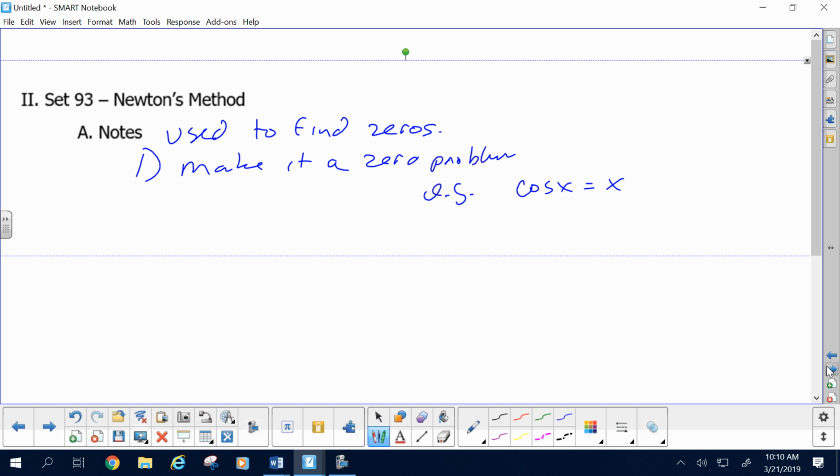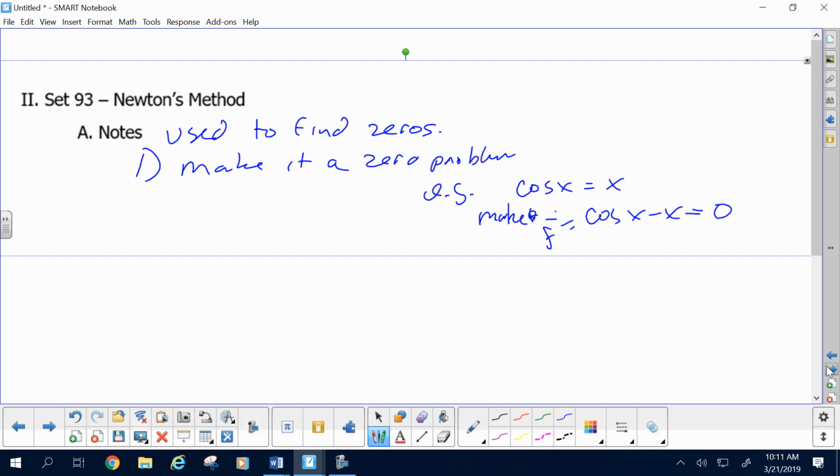There's no zero component to this. What's the first thing you do? You subtract it from one side so that now it's a zero problem. You let f equal cosine of x minus x. Now you're finding a zero. This problem here, as it is, is not a Newton's problem. You can't even use it. You have to make it all on one side, and then it's a Newton's problem.